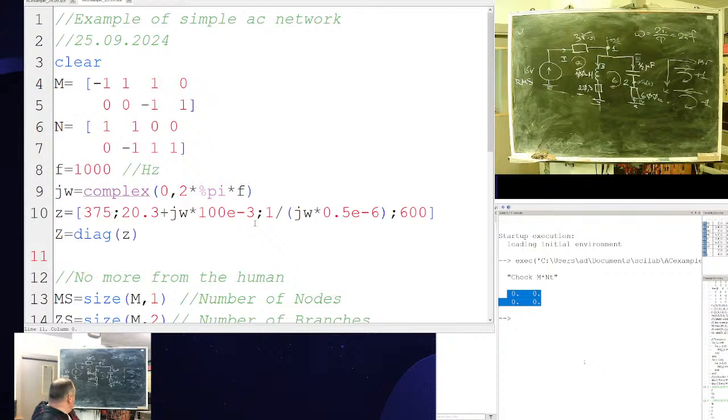An EMF vector. EMF here, simple: 15 volts for the first branch, 0 for the second, 0 for the third, and also 0 for number 4. Great, great, great.